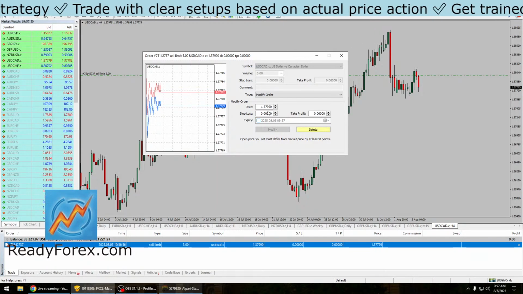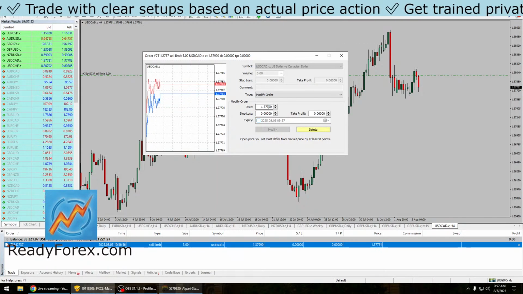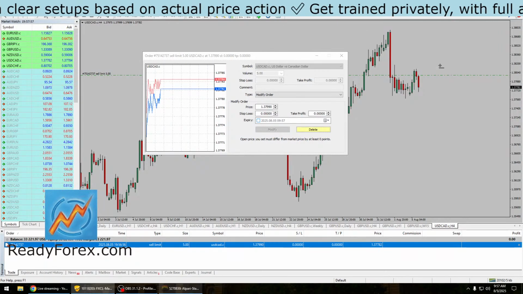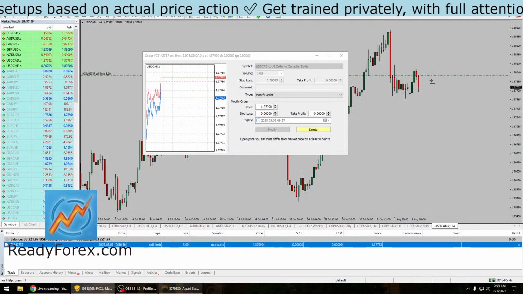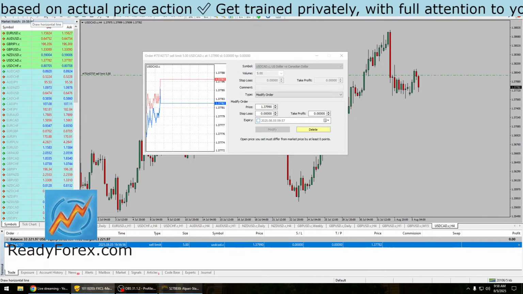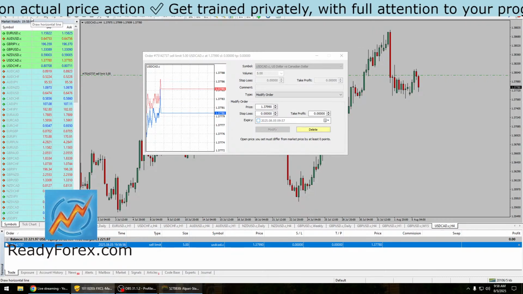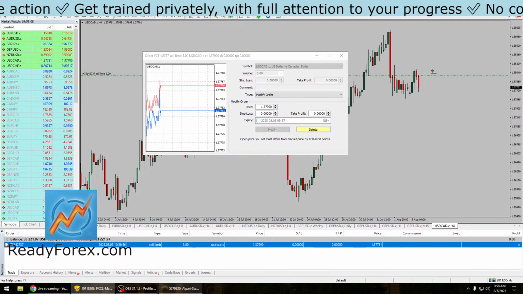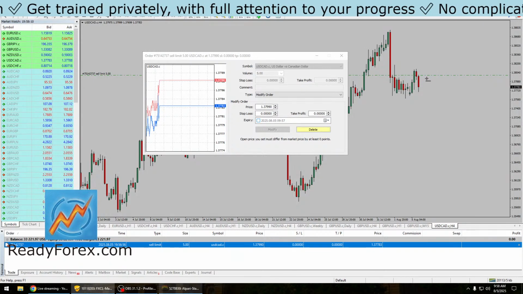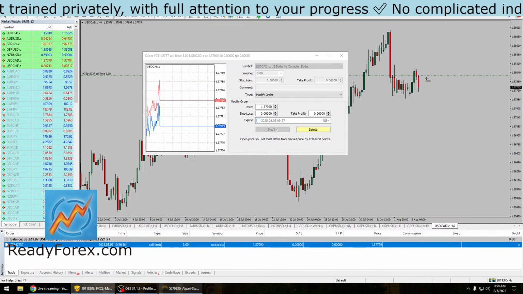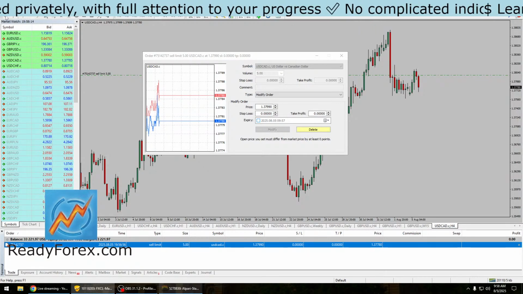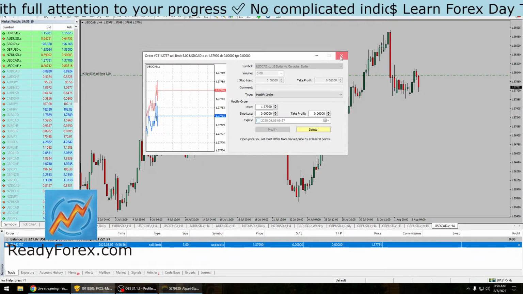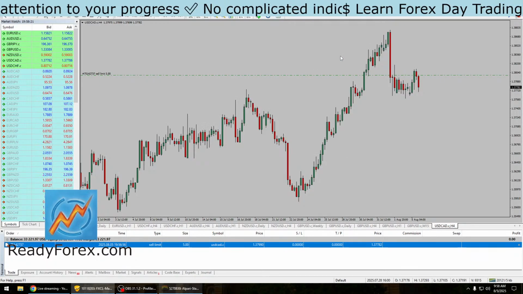So the current price is 1.377. We can do it visually.